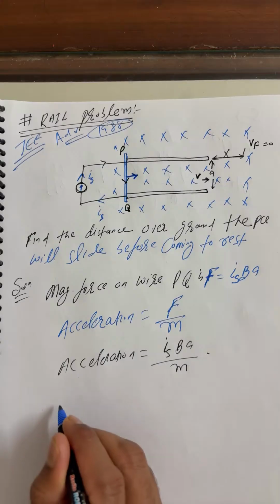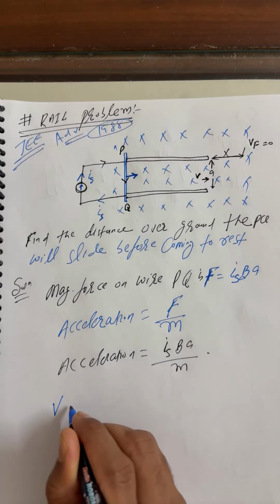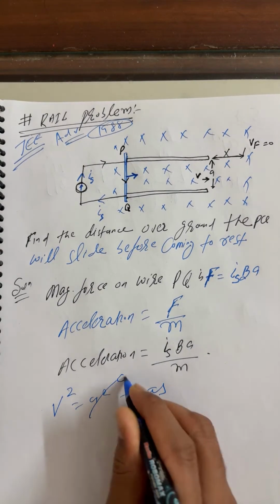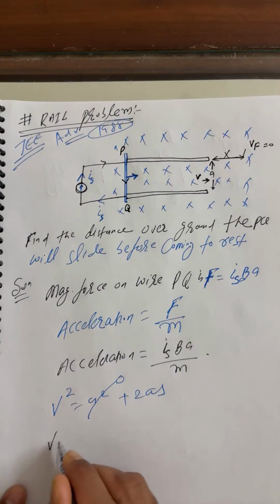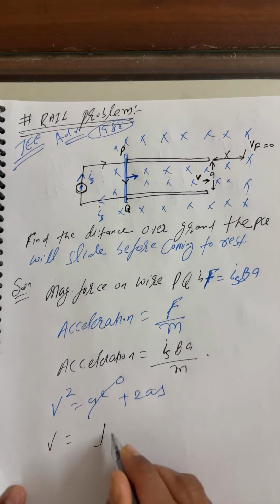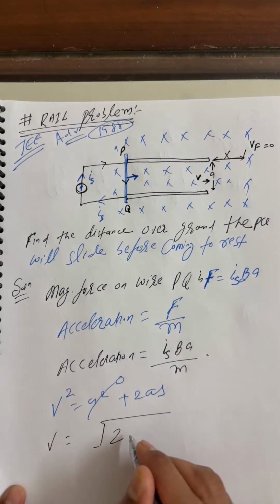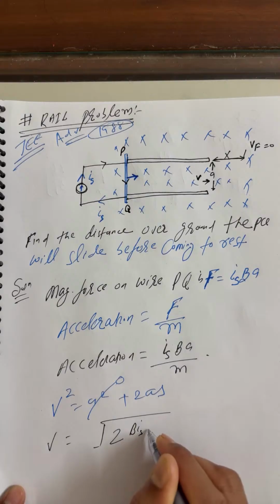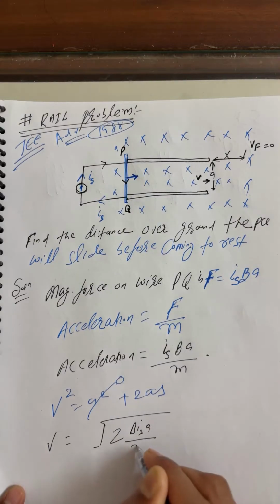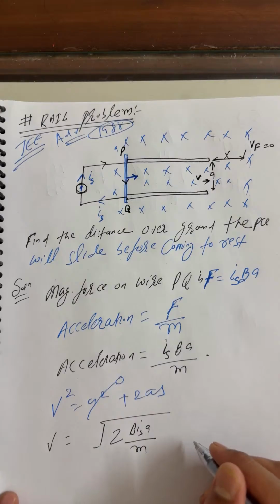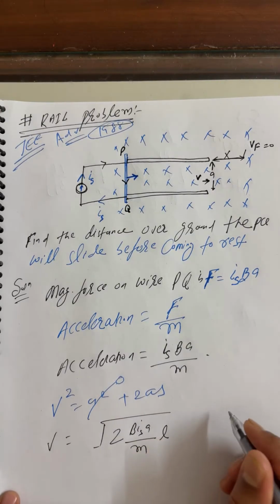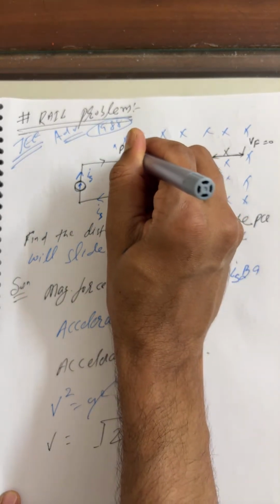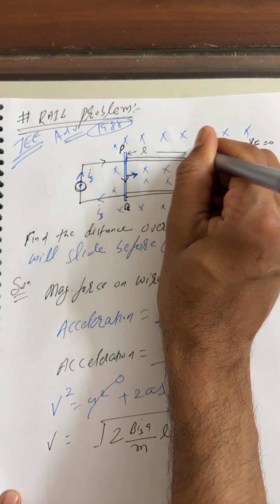So I'm going to use the third equation of motion: v squared equals u squared plus 2as, where u is 0. So v squared equals 2a, and a we just got as ILB upon m, into s. I forgot to give you the length: L is the length of the rail.